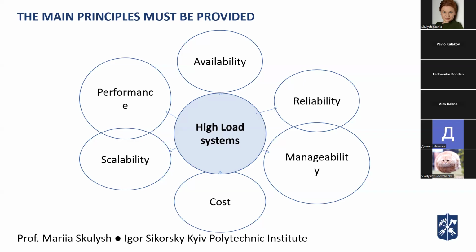So why is it so important in a high loaded system? Because the system should pay. For example, to process 1,000 requests, you can pay all the time for resources to process 1,000 requests. But very often, 1,000 requests is the number at, for example, 9 o'clock.